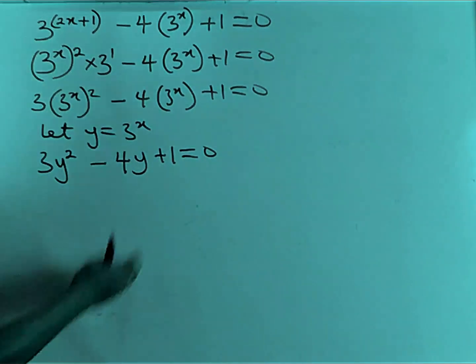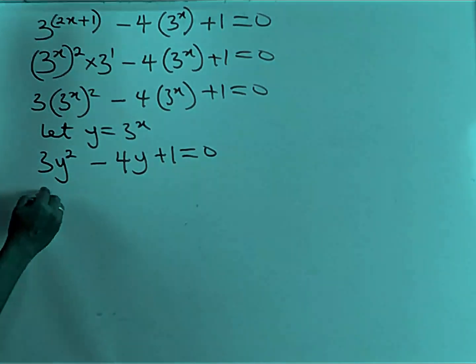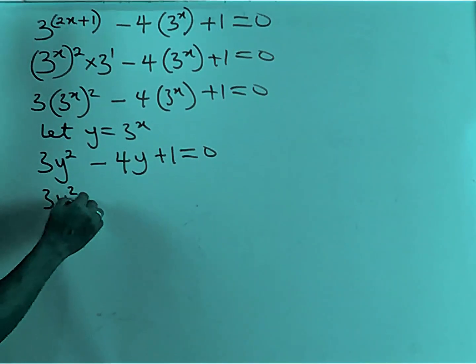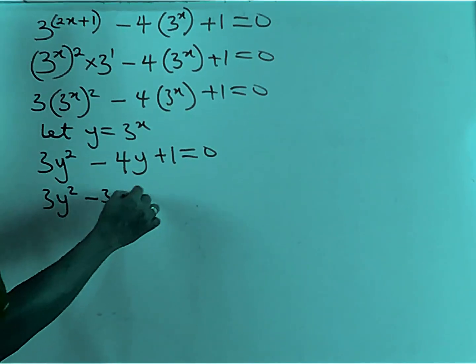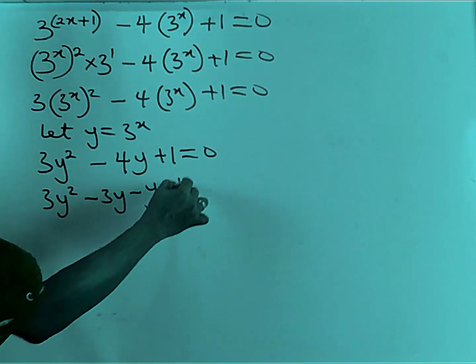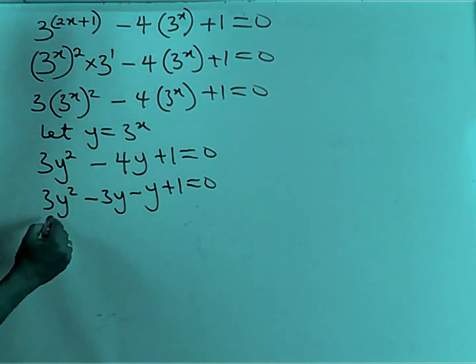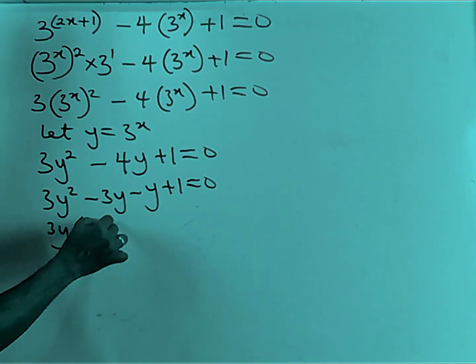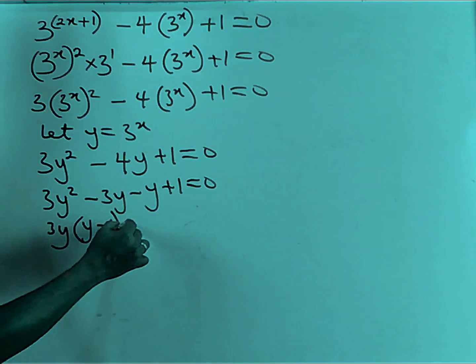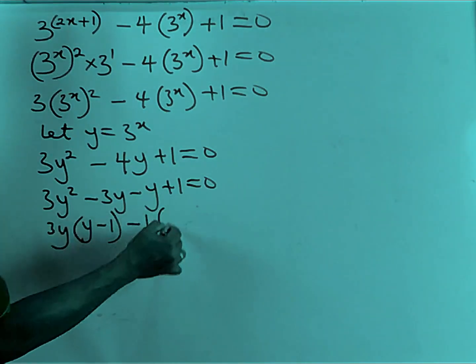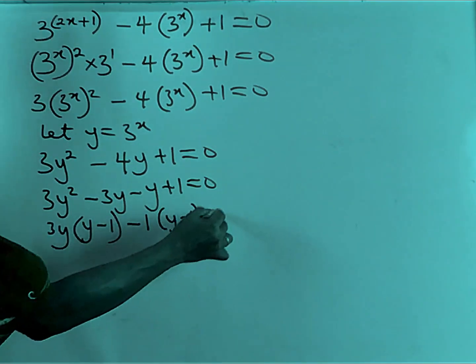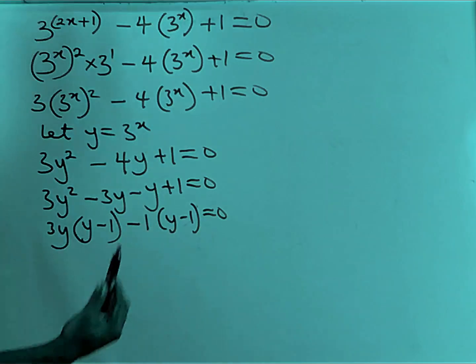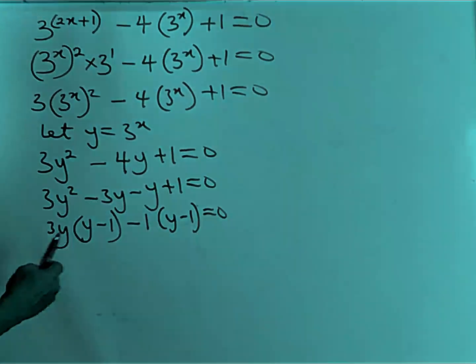So let's factorize this. Let's take our time to factorize. So we have 3y squared minus 3y minus y plus 1 equals 0. Here we have 3y common. We factorize that out. We have y minus 1 left. So right here, 1 is common. We have y minus 1 left. If you have a problem with your factorization, you can check my video on factorization and learn it.